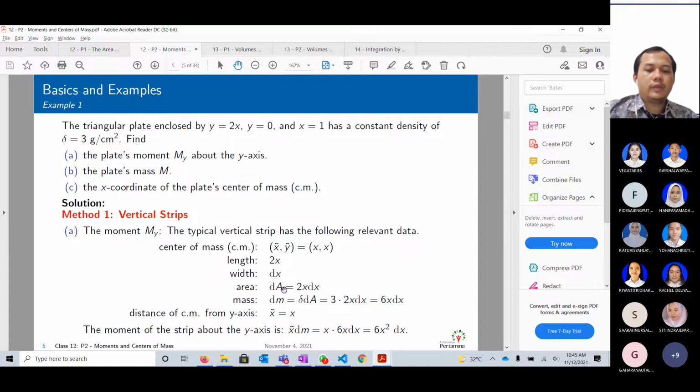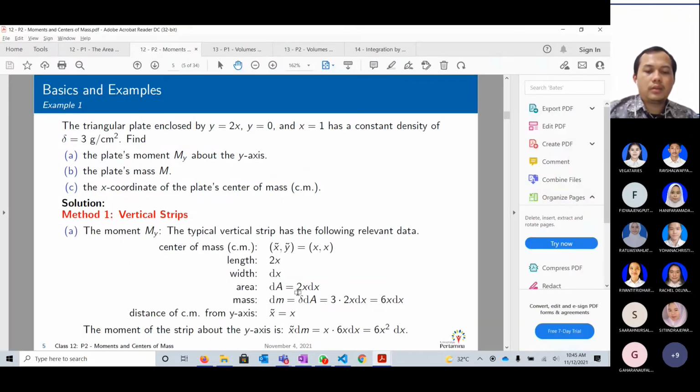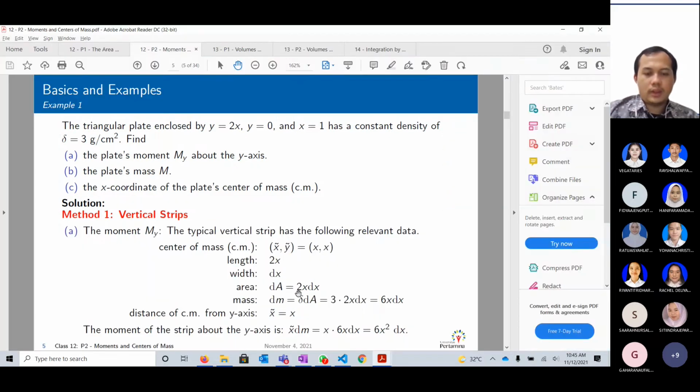The area of the vertical strip dA is dx multiplied by 2x, so dA equals 2x dx, and the mass dm is the density delta times area, which is 3 times 2x dx.